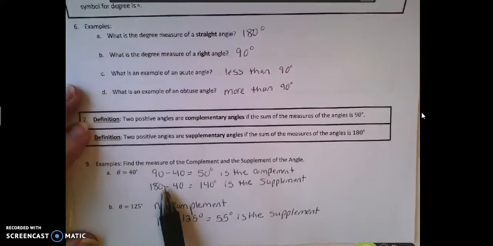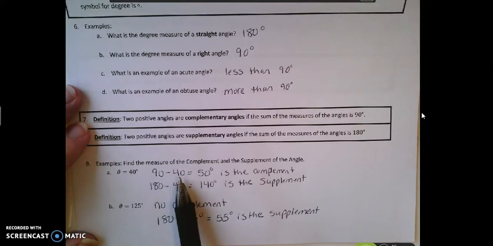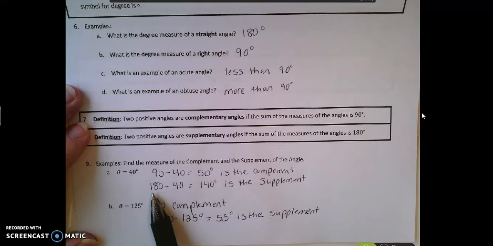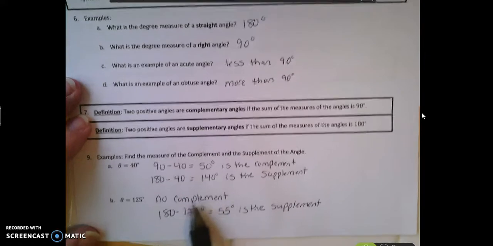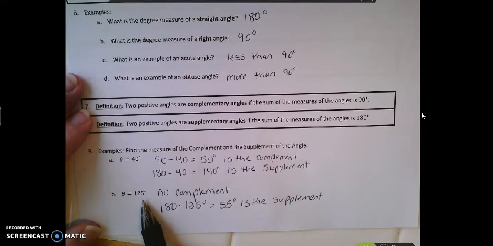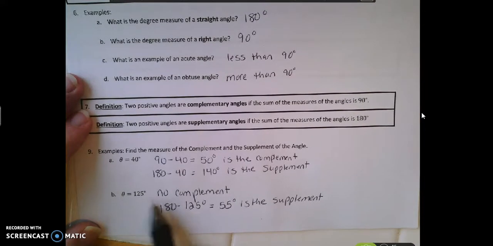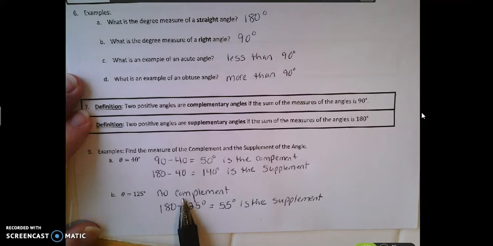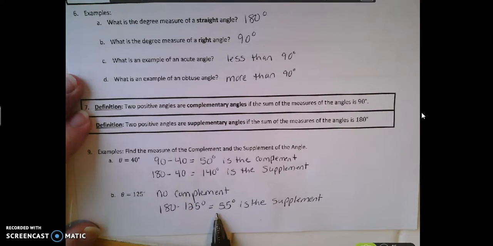To find the complement, I take 90 minus the angle, and 180 minus the angle would be the supplementary angle. In this case, where I can't subtract from 90 without getting a negative, we would say there is no complementary angle, and the supplementary angle would be 55.